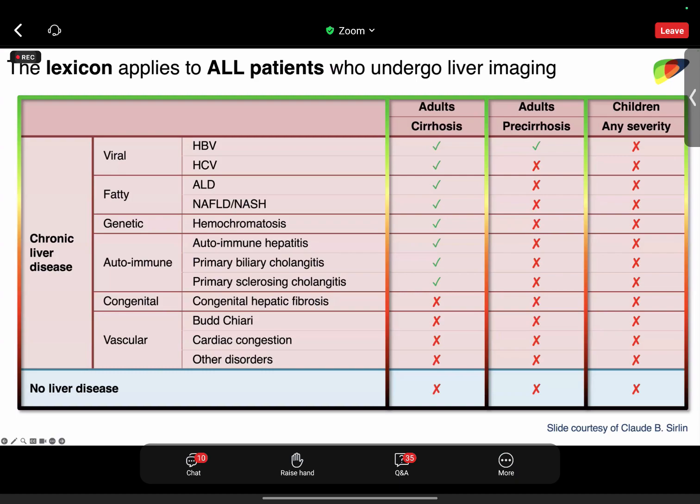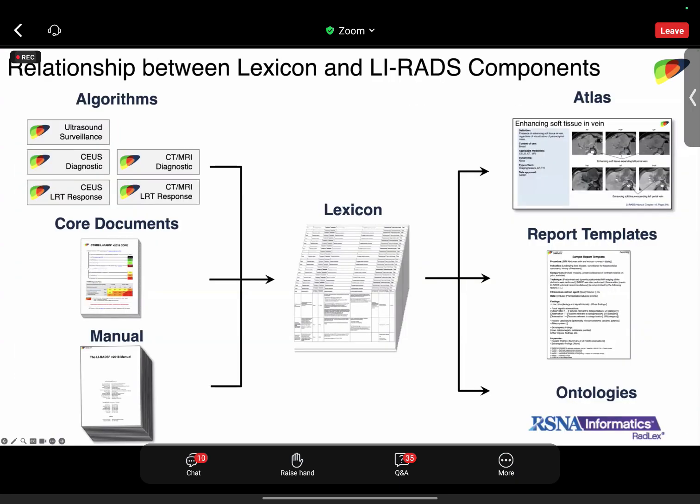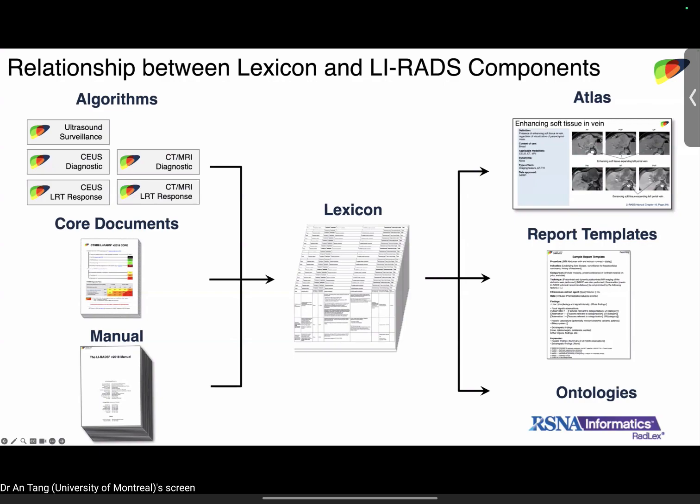Now, this schematic summarizes the relationship between the various components of LI-RADS and the lexicon. So previously, we've touched on various algorithms which cover surveillance, diagnosis, and assessment of treatment response for various imaging modalities. These apply to the LI-RADS population.